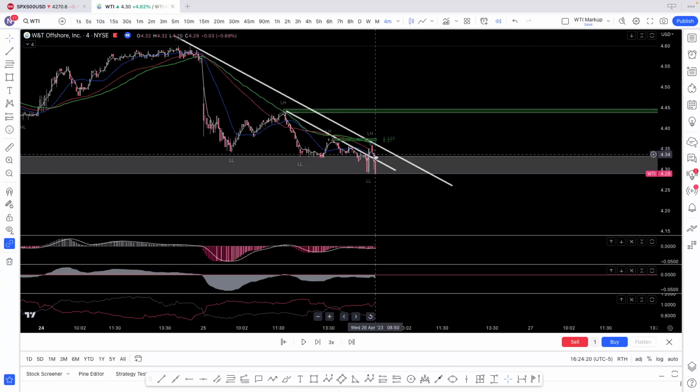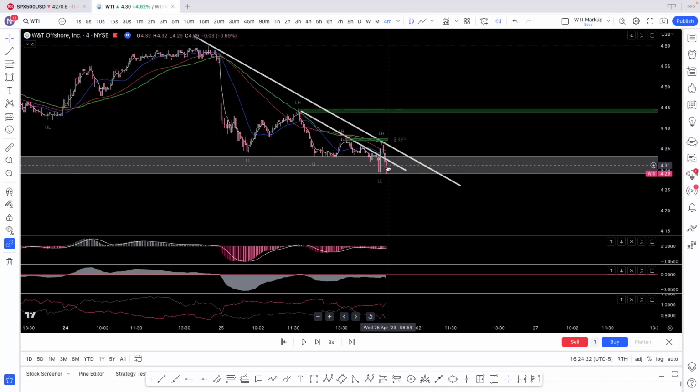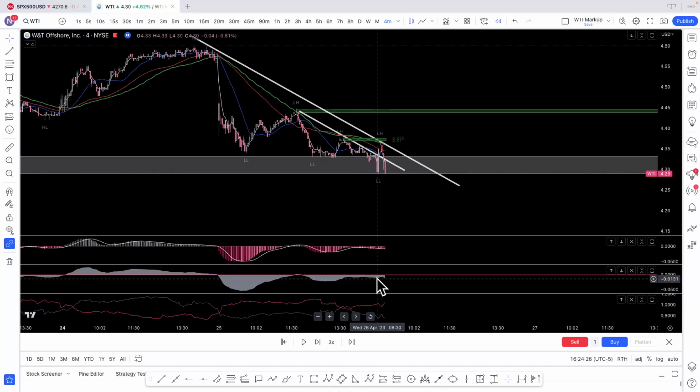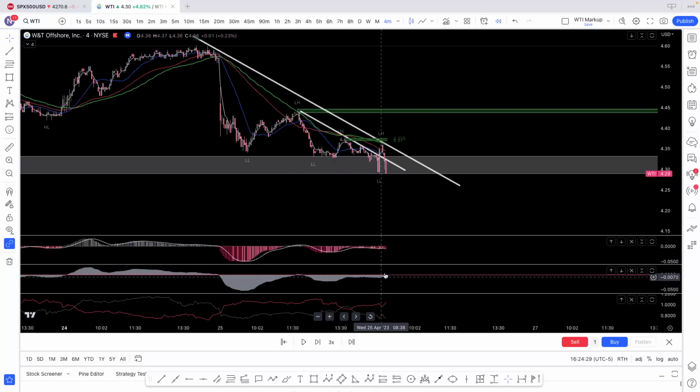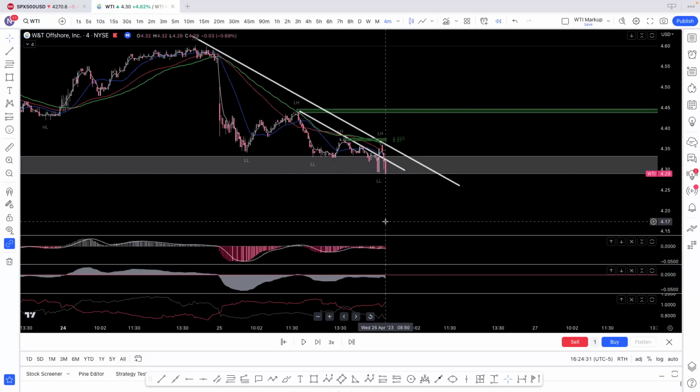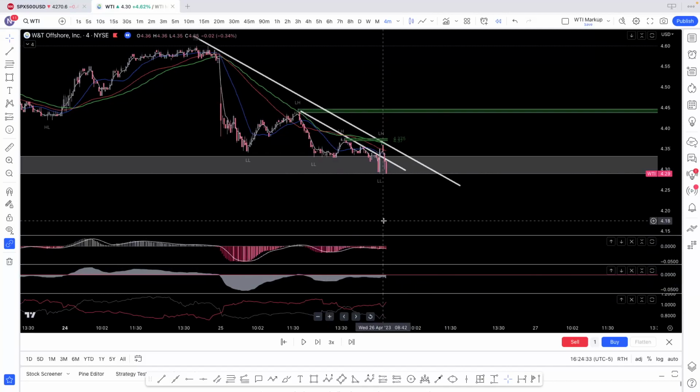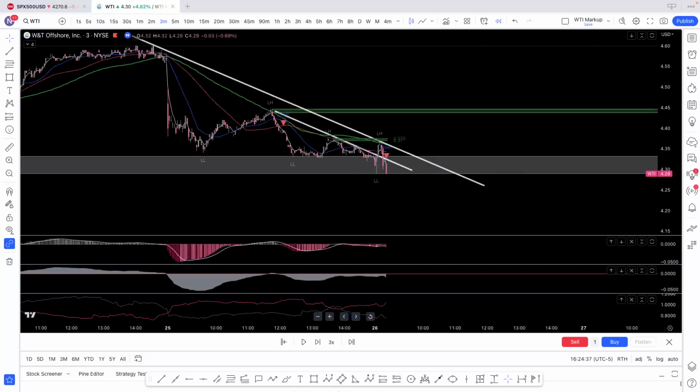And then I had the arrow appear here for the entry. Still got low volume here. What day is this? This is on a Wednesday at about almost 9 o'clock. Okay, so I'm gonna go down to 3 minutes. That's where I saw the arrow.